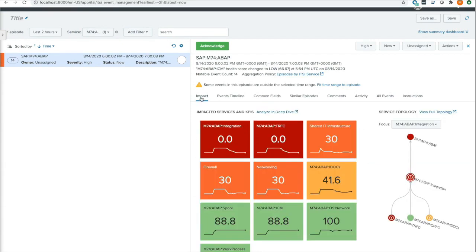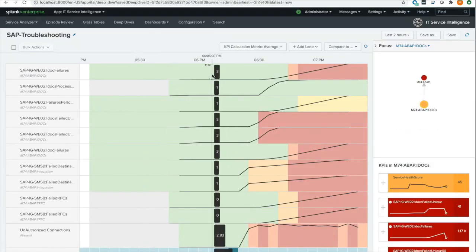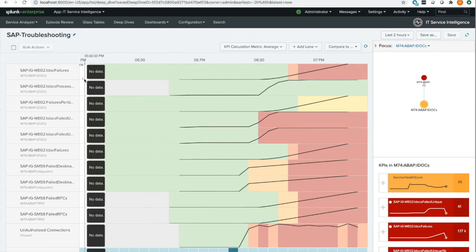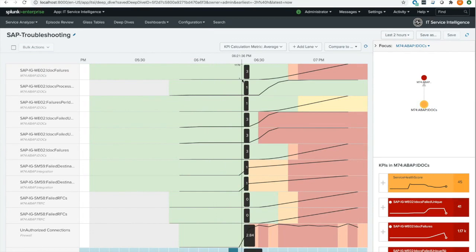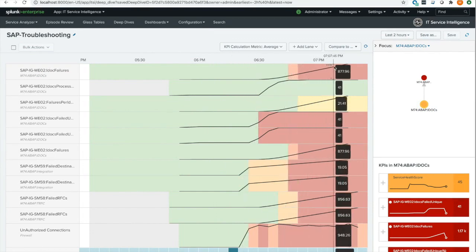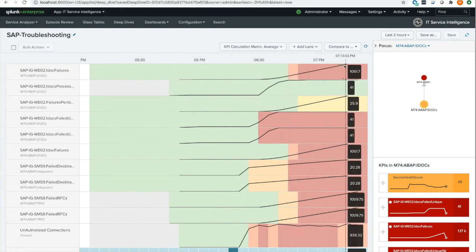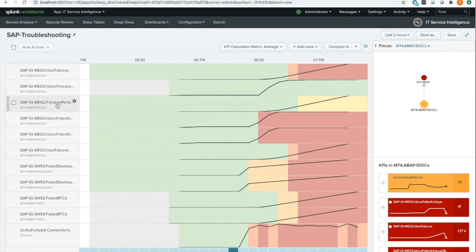So what we will do is analyze this in more detail using what is called a deep dive. In the deep dive, we have a time series that shows us every key performance indicator and its value over time. So here we see our IDOC failures, and initially they were fairly low, but eventually they started getting higher and higher. Our IDOC failures per IDOC, same thing.